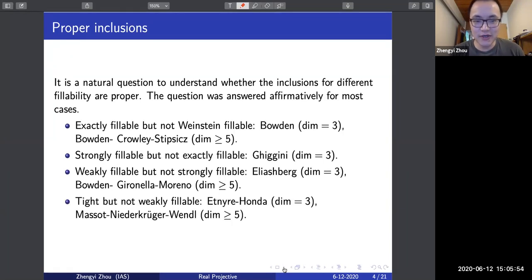And tight but not weakly fillable was first found by Etnyre-Honda in dimension 3 and Massot-Niederkrüger-Wendl in dimension higher than 5. So we see there's a difference between dimension 3 and higher dimensions, both in methods and examples. The only missing piece is strongly fillable but not exactly fillable in dimension bigger or equal to 5.